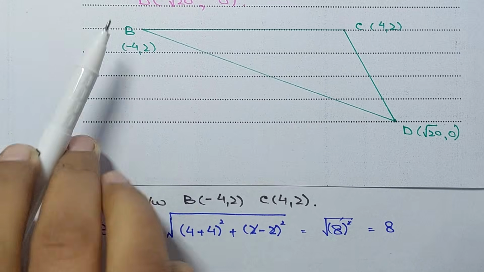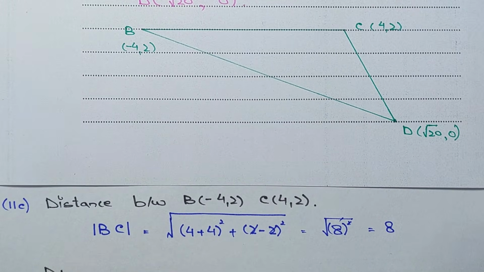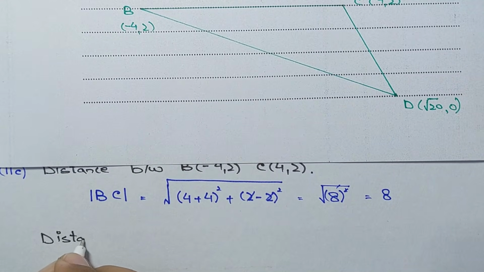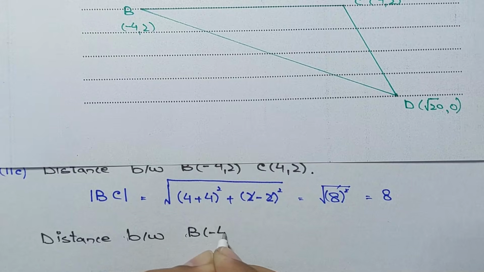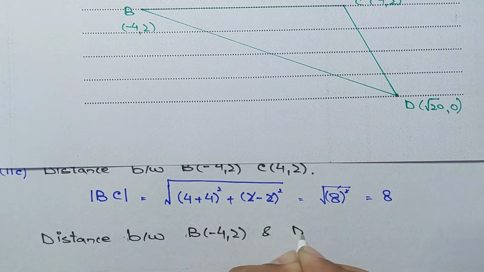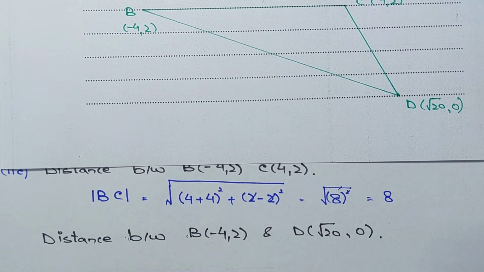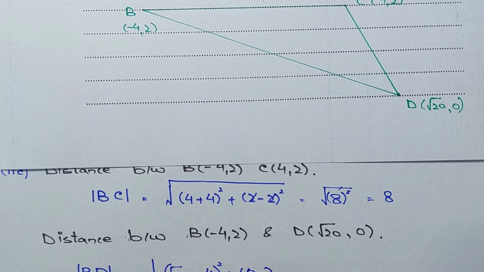Now the second thing, distance from B to D. Distance between B (-4, 2) and D, which is (root 20, 0). That distance is BD: square root of (x2 minus x1) whole square, (root 20 plus 4) whole square, plus (y2 minus y1) whole square.